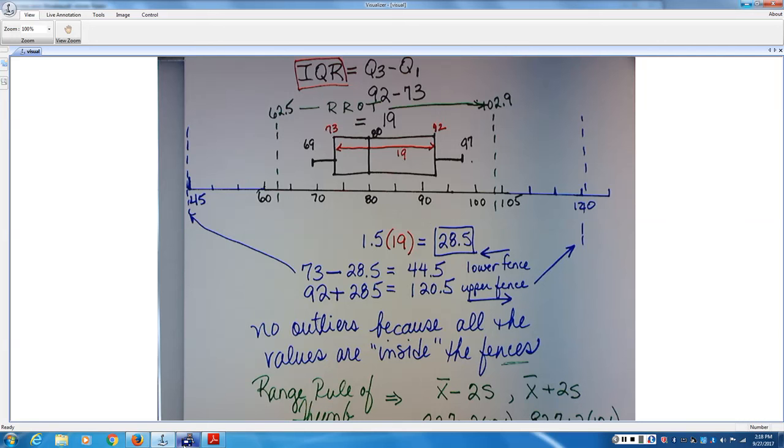Then you can eliminate that piece of data, or you can correct it. But just because it's there and it looks strange doesn't mean that you shouldn't use it. You should always acknowledge the presence of an outlier. And in fact, I've got an example that I'll post up in Shobi for you. It's an article to read that'll show you the importance of outliers and why you don't want to just throw them away.